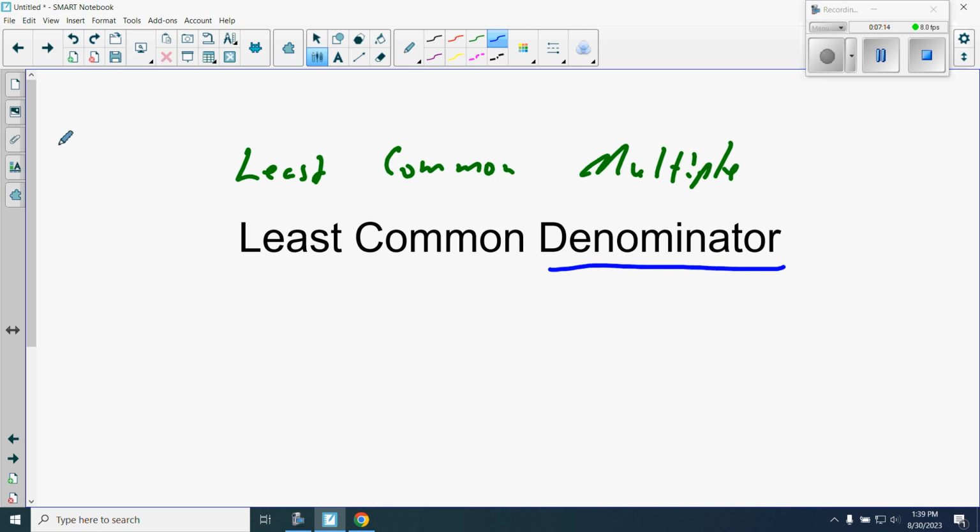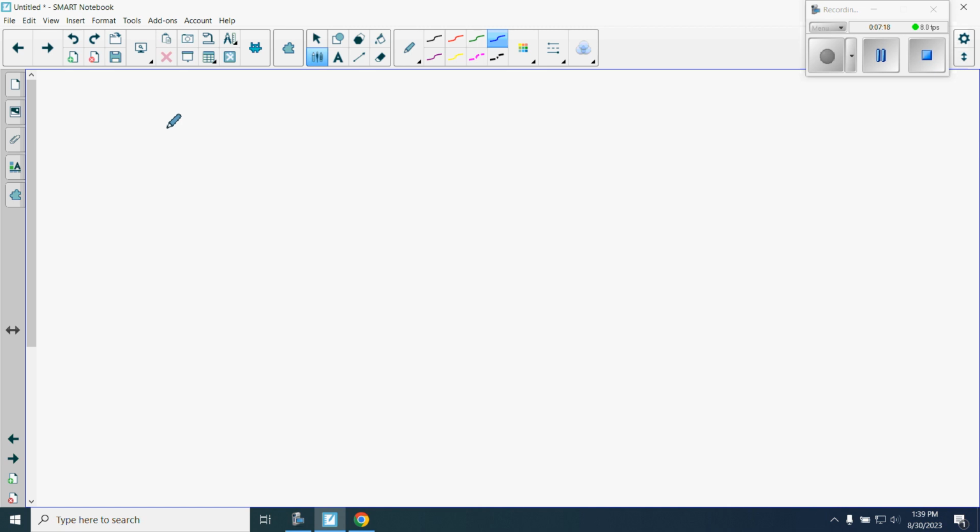And kind of what that looks like, give me another slide here, is we have a fraction. So we get, I don't know, let's go 3/10, right? And we have another fraction. Let's call it 4/11ths. Okay?